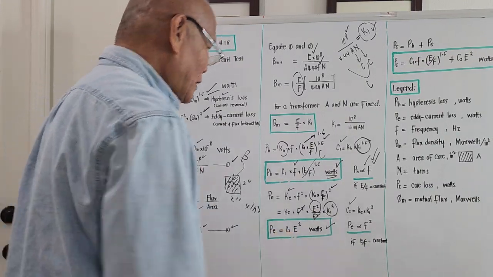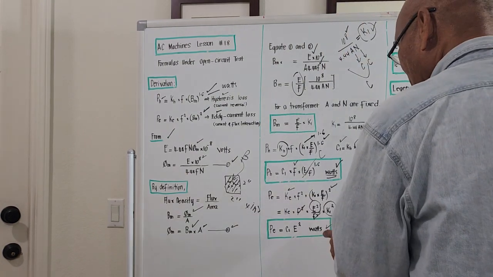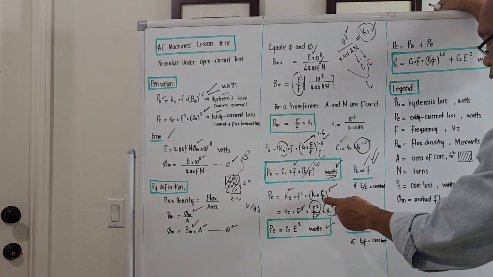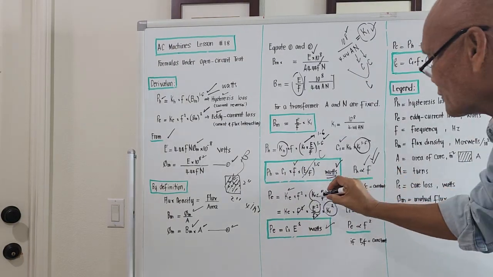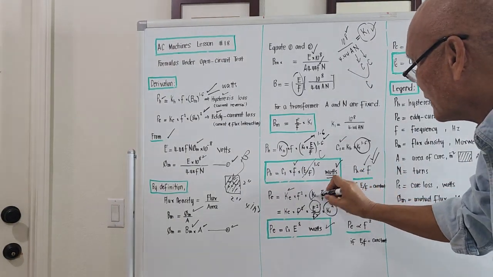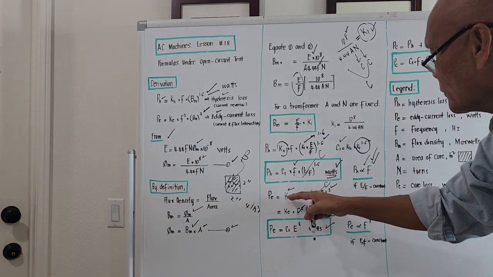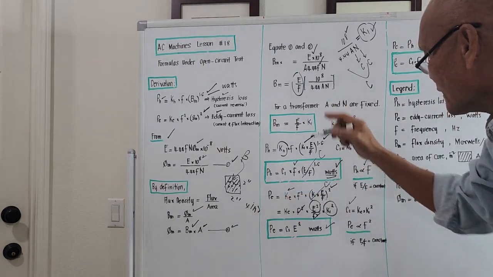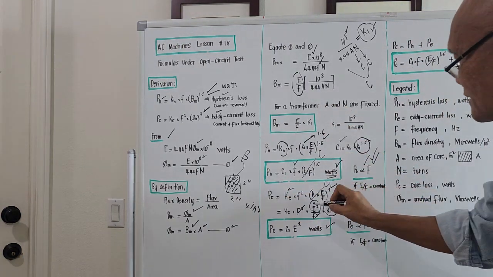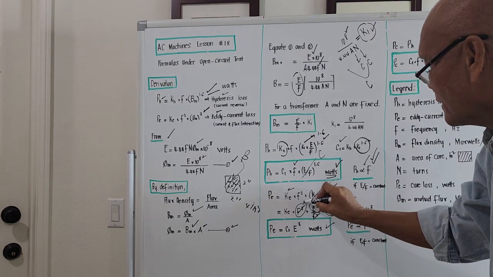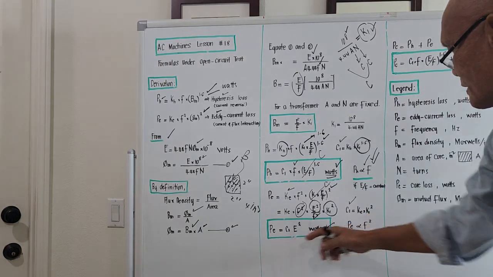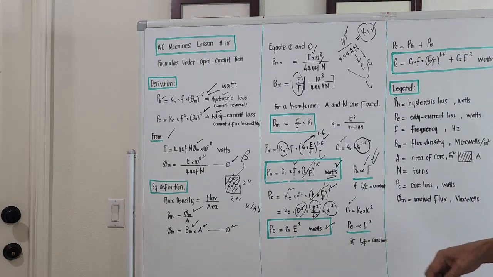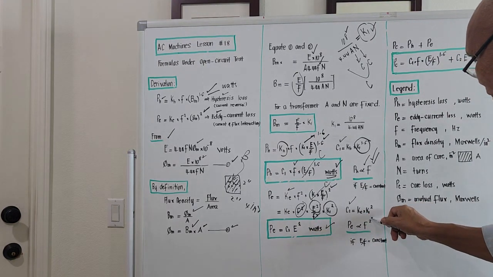But if the ratio E over F will be constant, this will become a constant. So we will multiply this one by C, it's again a constant. So what remains is just frequency square.